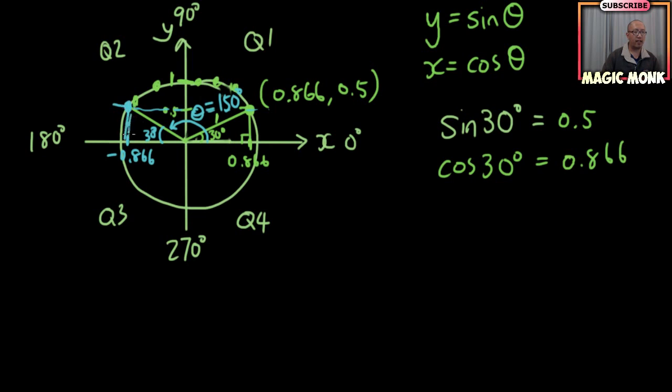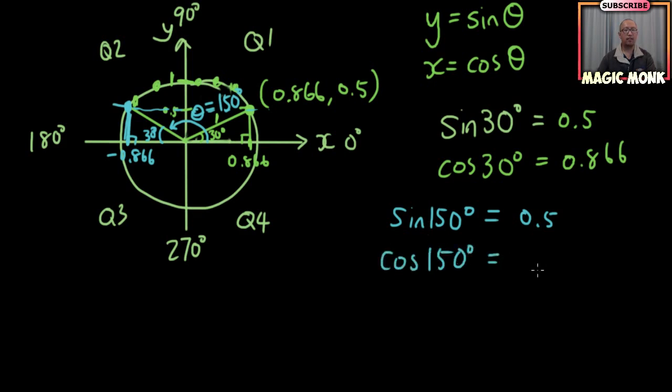So now I have sine 150 equals 0.5, but cosine, not sine, cosine of 150 is negative 0.866. You can do this with any value of theta, and it will be the same.